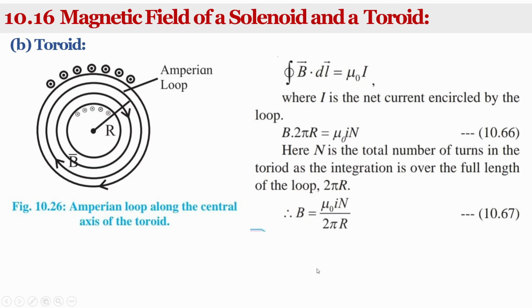The next point is the magnetic field of a toroid.